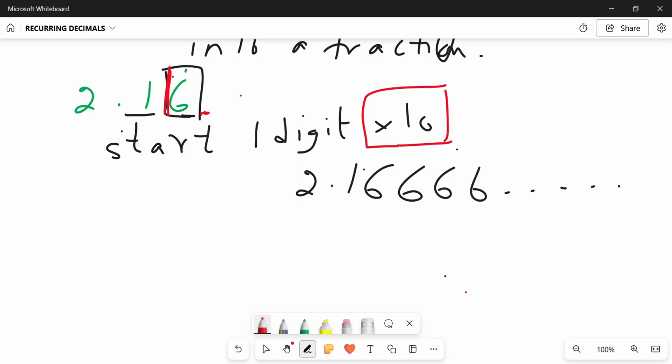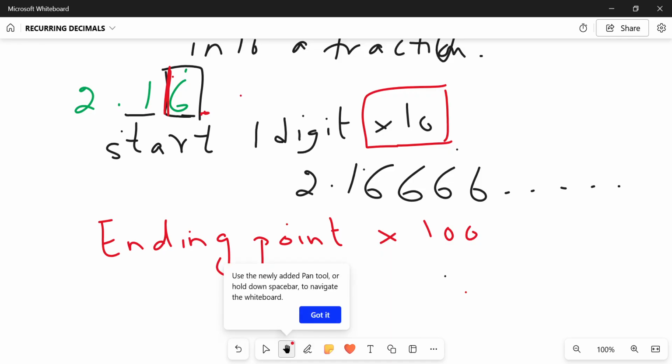The recurring number ends, counting from the decimal till the end, after two digits, right? So here I'm writing the ending point is after two digits. So I'm going to multiply by 100.